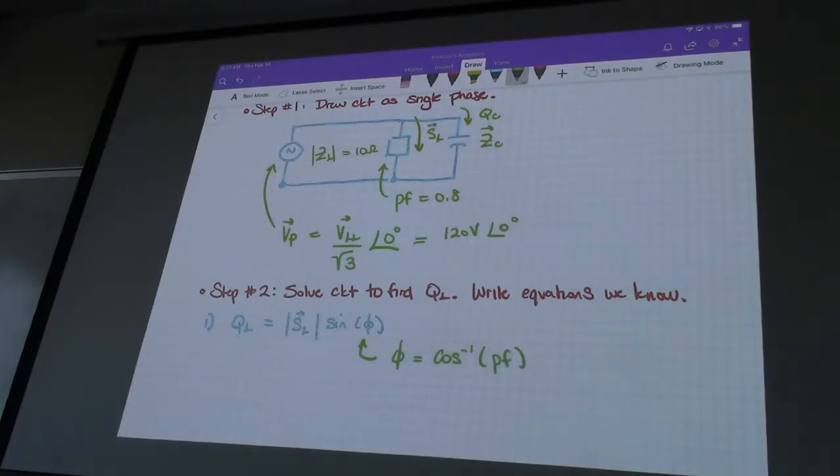And we also know that the magnitude of the apparent power SL will be equal to the real power divided by the power factor.